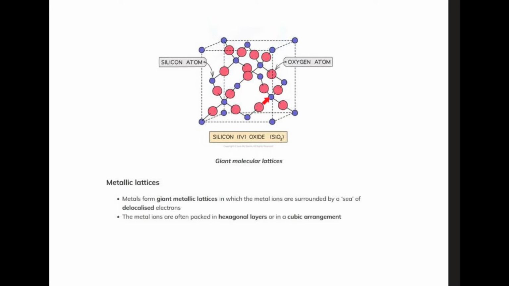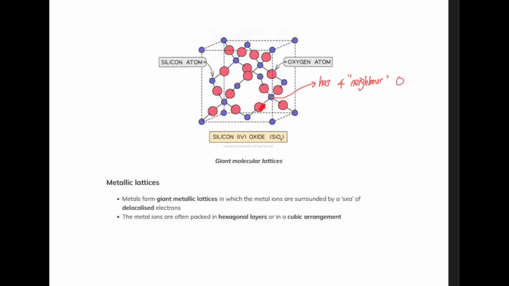Let's say I take this silicon atom. It has 4 neighbor oxygens. So you can see 4 oxygens linked to it.